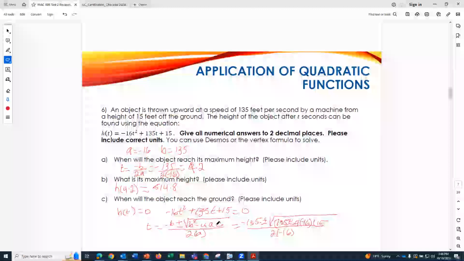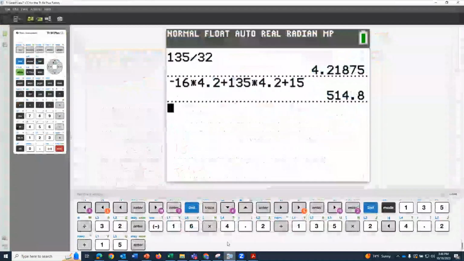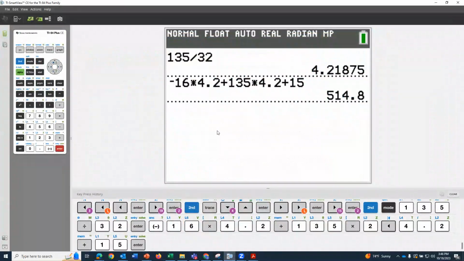And using the calculator again, let's do the square root.